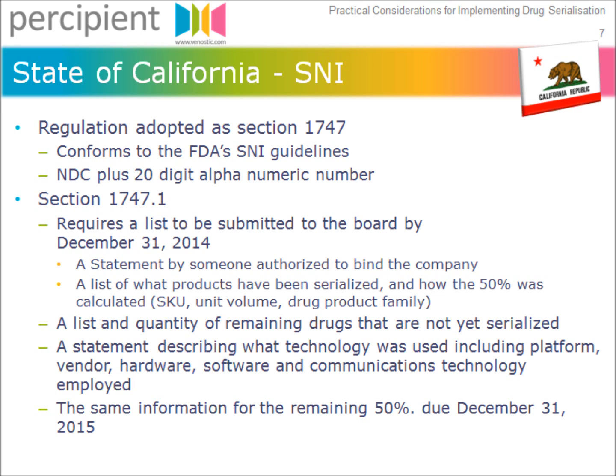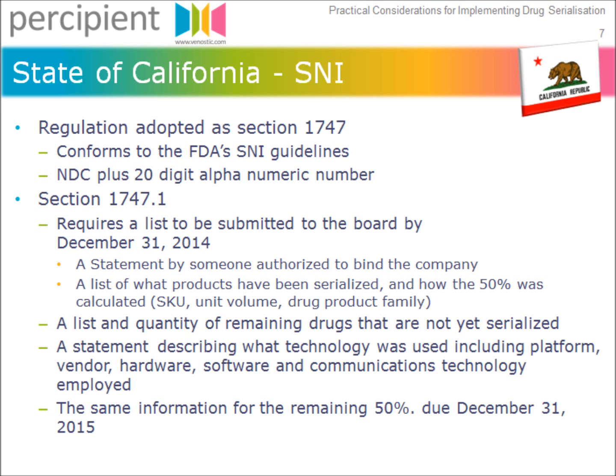And the data that will need to be encoded in that is the US National Drug Code, the NDC, plus a 20-digit alphanumeric number, which is the serialized number. And then that information will need to be aggregated up into the e-pedigree, which is exchanged down through the distribution chain.